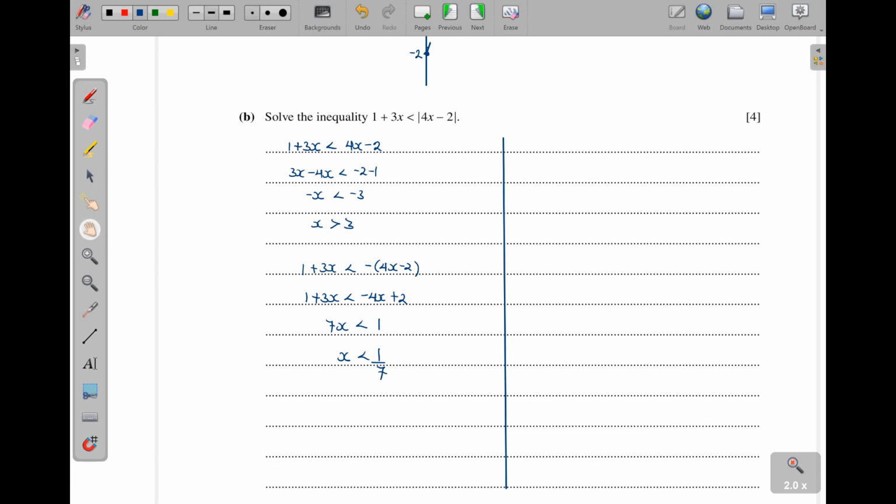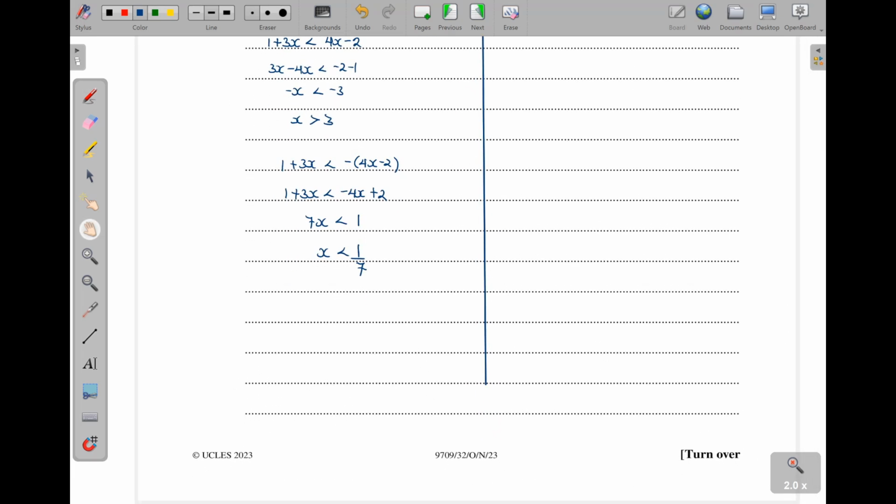Now, when you split, you always have to test the inequalities that you have gotten. So I'm going to test x less than 1 over 7. I can take a number like 0. So let x be equal to 0.